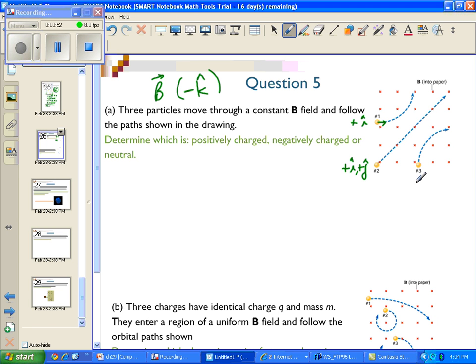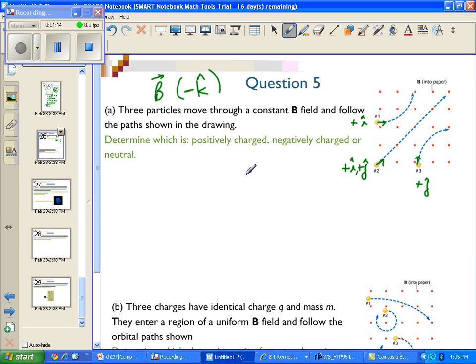And particle 3 comes in upward, where there is only a positive j hat component, and here this would be both x and y direction. We are asked to determine which of these particles is positive, which is negative, and which might be neutral.